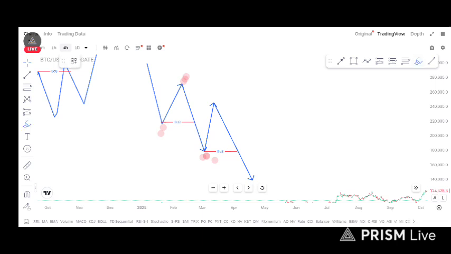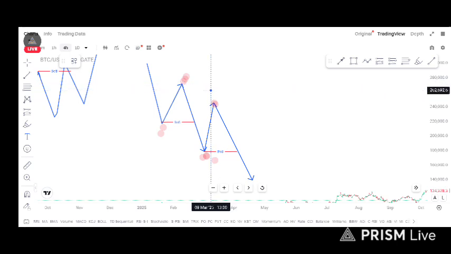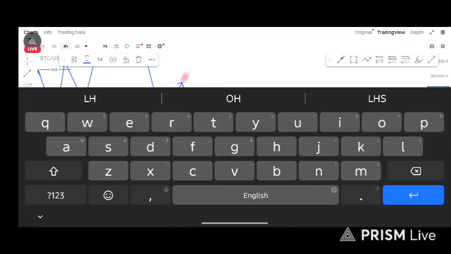So we have created a new high, and this new high is lower than this previous high, so we now call it a what? A lower high, which we are going to be calling our LH.